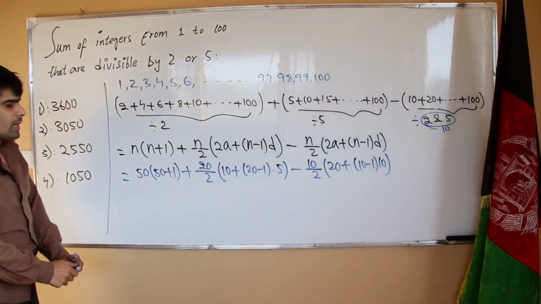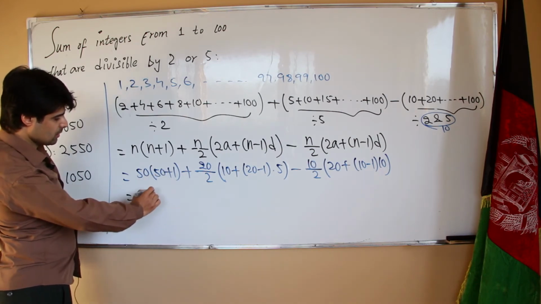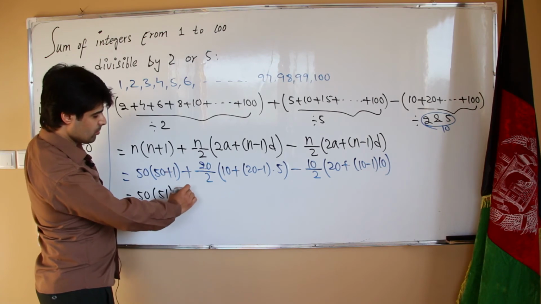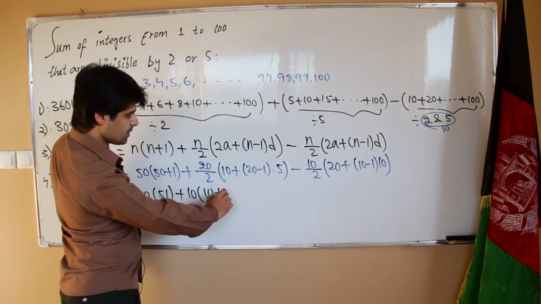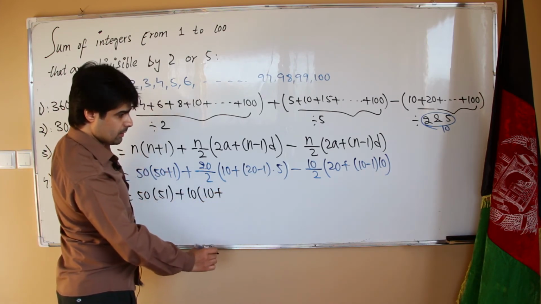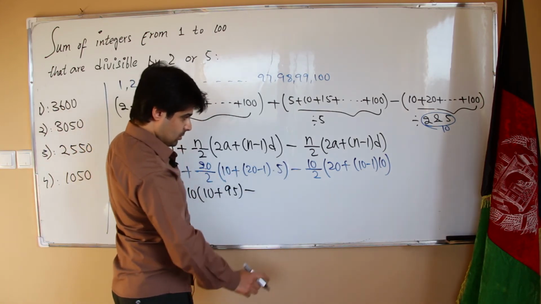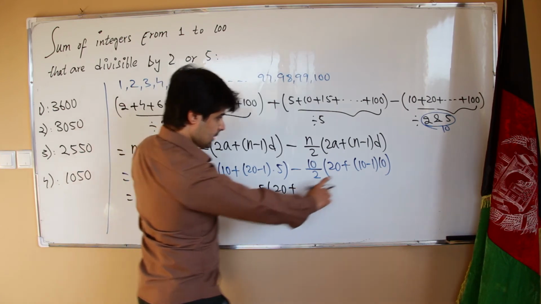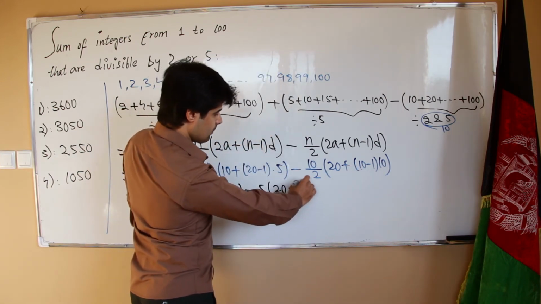Finished. Now it's easy. 50 plus 1, it's 51. Plus 20 divided by 2, it's 10. 20 minus 1, 19. 19 times 5, it's 95. Minus 10 divided by 2, it's 5. 20 plus 10 minus 1, 9. 9 times 10, 90.